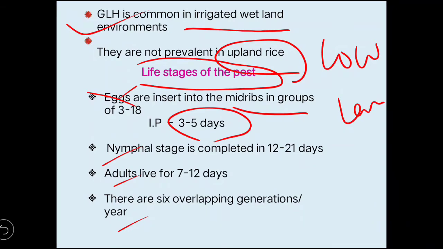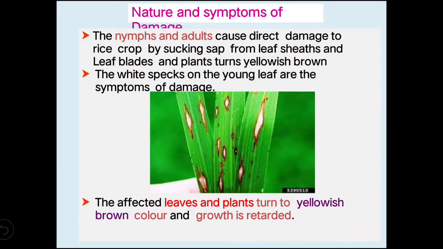Just remember the adult characteristics, how they look, the difference between Nephotettix virescens and Nephotettix nigropictus, the family, order and their damage symptoms. Now we will move towards the nature of damage and symptoms of damage.